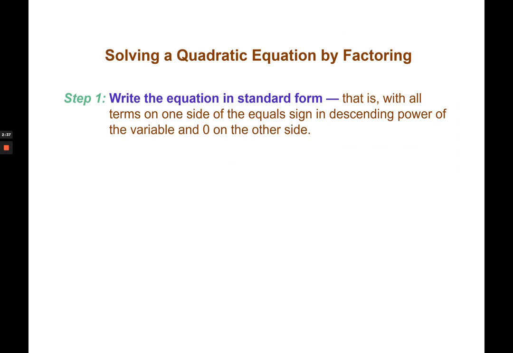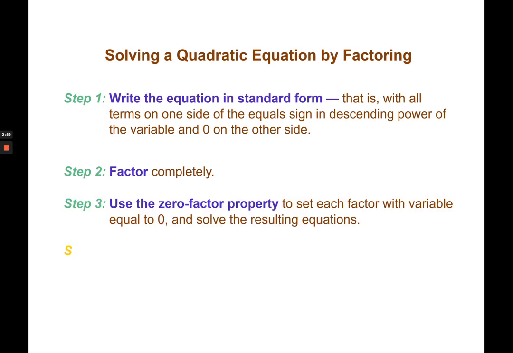Here are the steps in solving a quadratic equation by the factoring method. First step, make sure your equation is in standard form. Step 2, factor completely. Remember, there may be cases of GCFs.